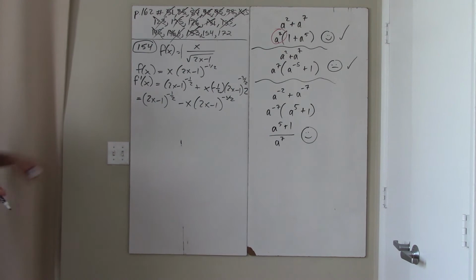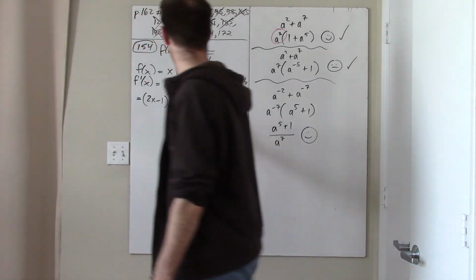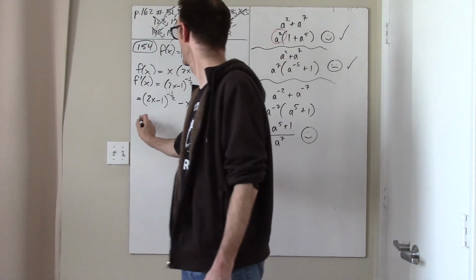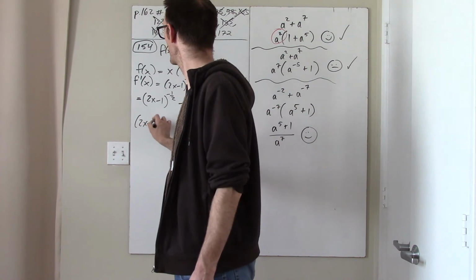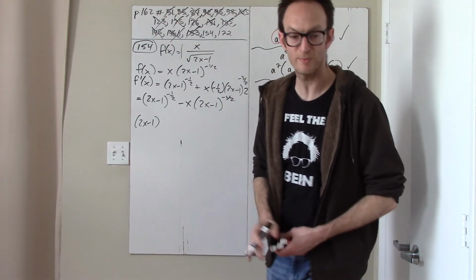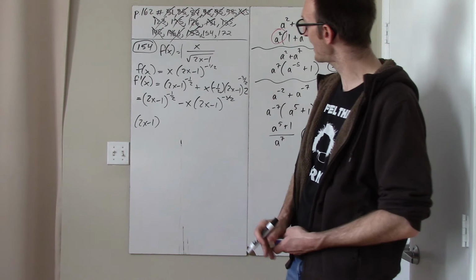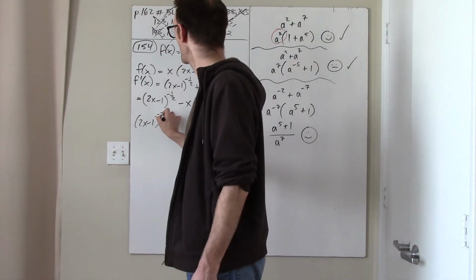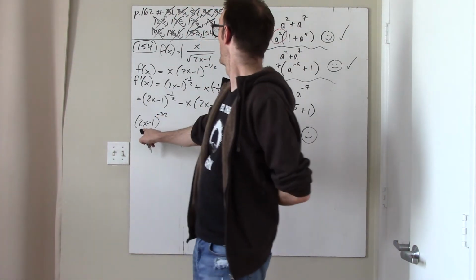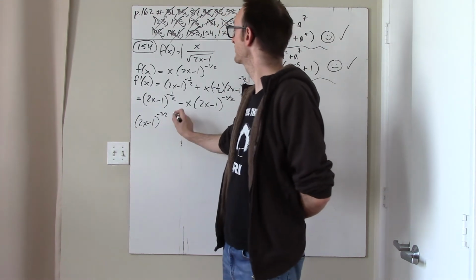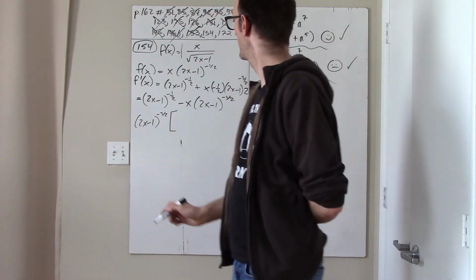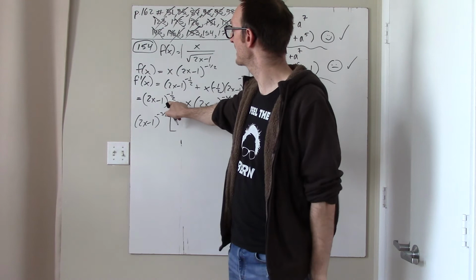Alright, so over here, when it comes to simplifying this, I could convert this into a big mess of disgusting radicals, but instead, let me factor out 2x minus 1 to the negative 3/2, because negative 3/2 is less than negative 1/2.